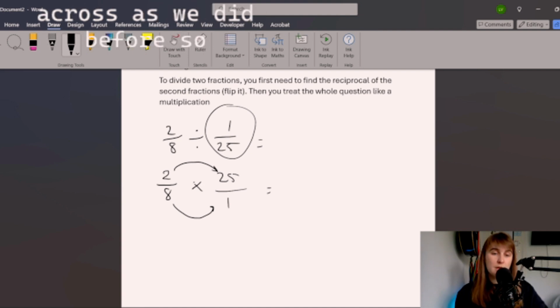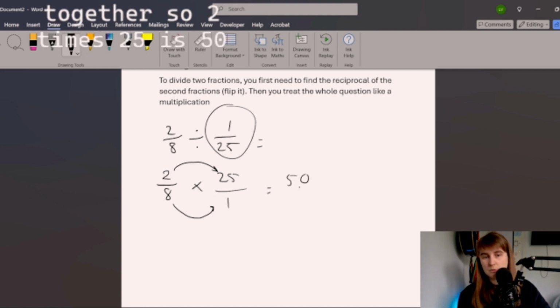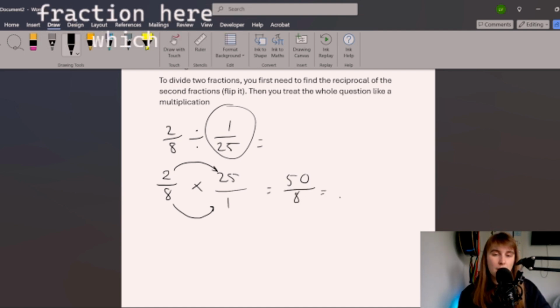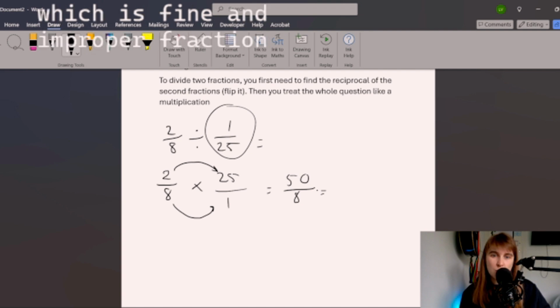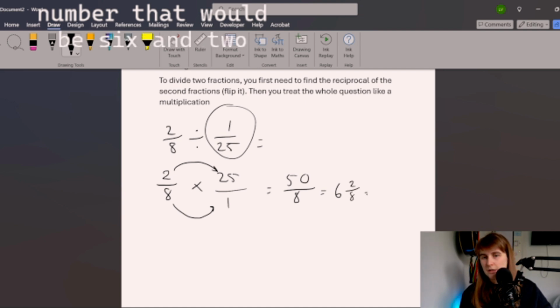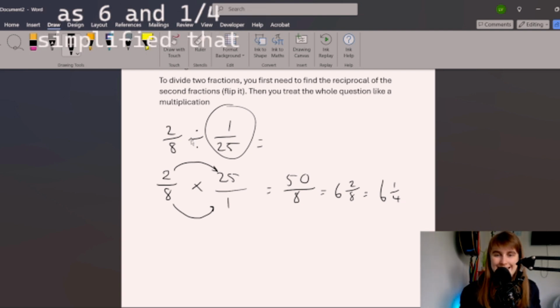So we multiply the numerators together. So 2 times 25 is 50, and then 8 times 1 is 8. So we've got a top-heavy fraction here, which is fine. An improper fraction, if I turn that into a mixed number, that would be 6 and 2/8, which is the same as 6 and 1/4, because I simplified that 2/8 down.